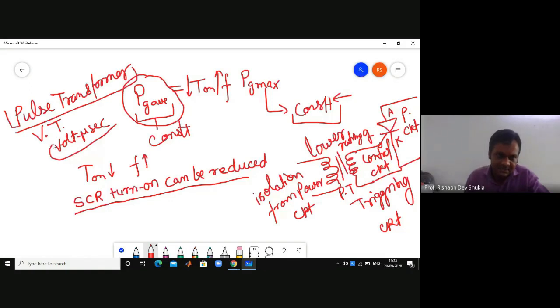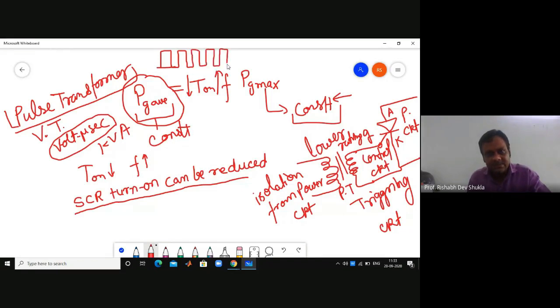Instead of kVA, this transformer is rated as volts per microsecond, because the application of this transformer is to apply high frequency pulses. Here you can design the gate circuitry in the primary side. In the secondary side, it provides the isolation only.